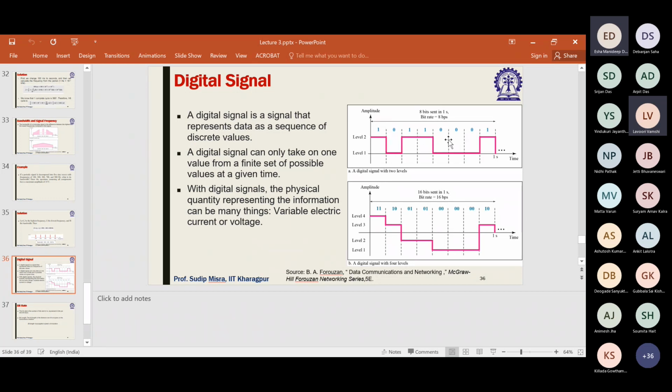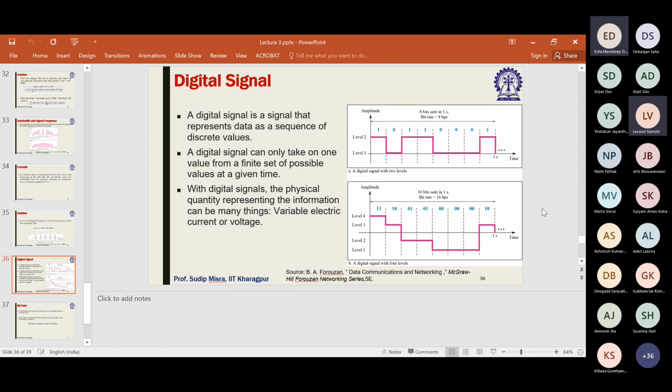There are also more sophisticated ones with not just two levels, but multiple levels, through which bits like 111001 can be encoded.